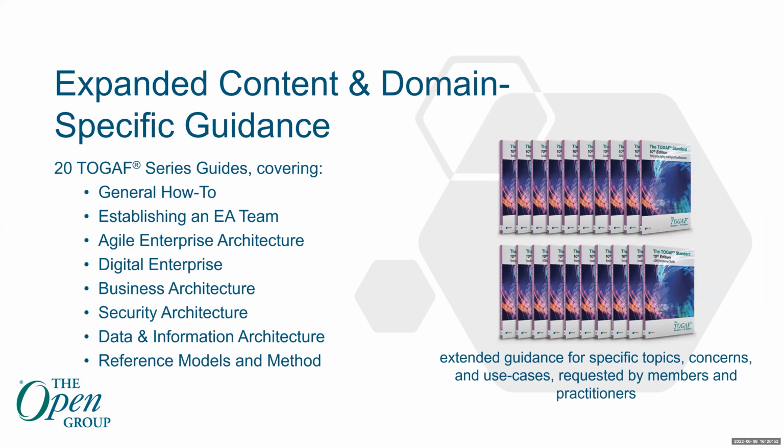Right, expanded content. So 20 new series guides. And I did think about bunging a slide in that listed them all out, but really the text gets really tiny. It encourages me to read all 20 out, which is quite boring. So what I'll do instead is tell you that there are 20, and they address a range of topics.